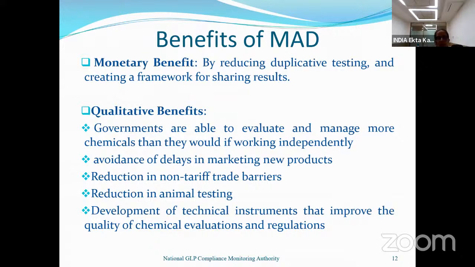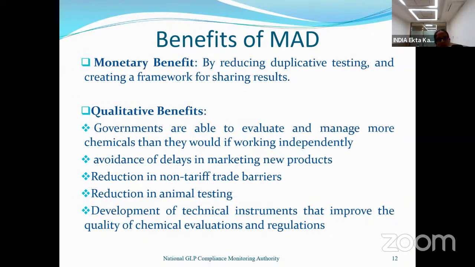Benefits of MAD are both monetary as well as qualitative. By reducing duplicative testing, as I told you, if the study is conducted in a GLP certified lab of an OECD member country, it will be accepted worldwide because of the quality system under which it has been conducted, that is the GLP.